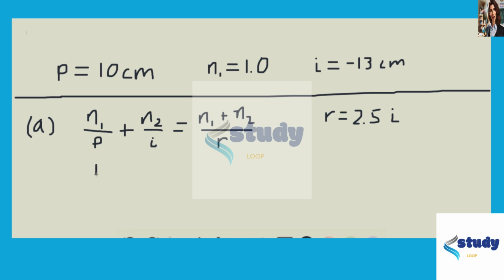So we end up with 1 over P, because we're just going to replace N1 with 1 to simplify. So 1 over P plus N2 over I is equal to N2, because N1 plus N2 would just be N2 plus 1, divided by R, which is 2.5 times I. So in other words, we can solve for N2.